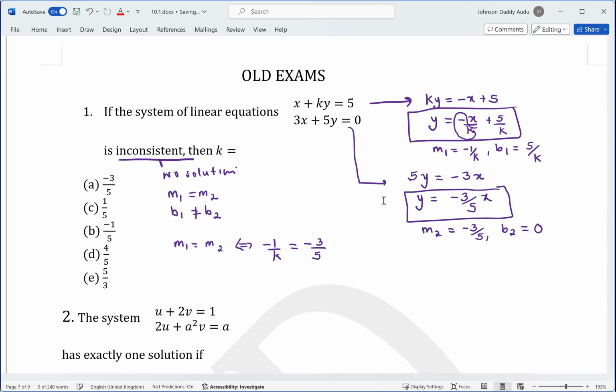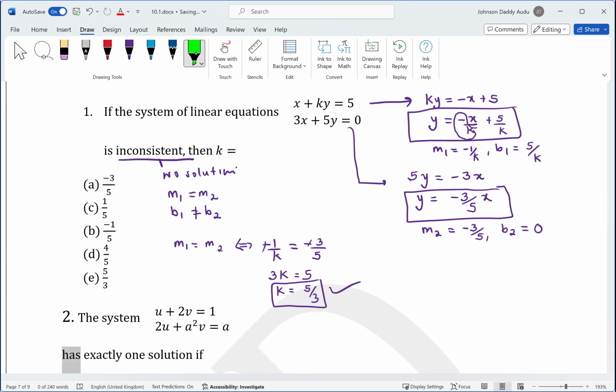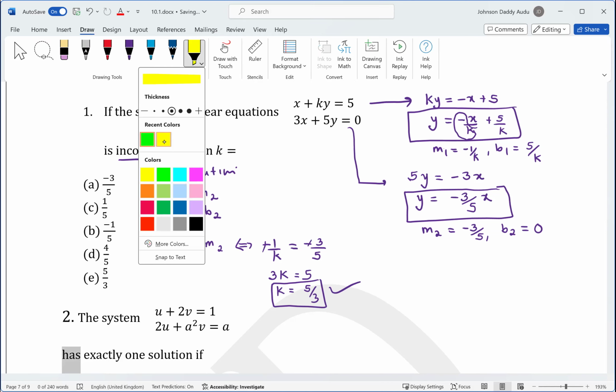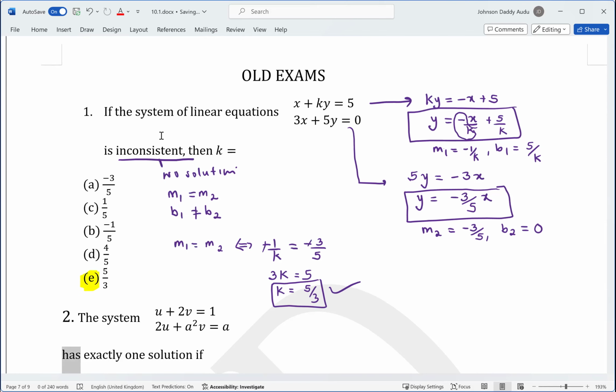So you just need to solve for k here. Minus will cancel minus, so we will have just 3k equals 5. And this means that k is 5 over 3. And we're done. So the correct answer is E, which is 5 over 3.